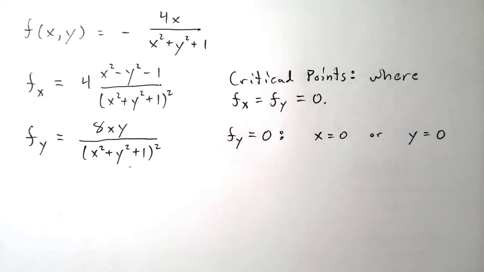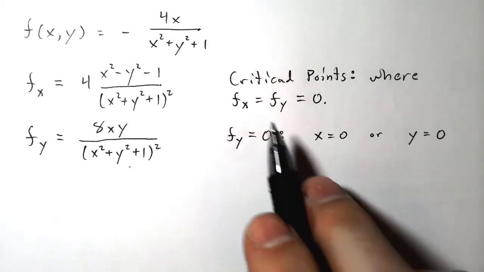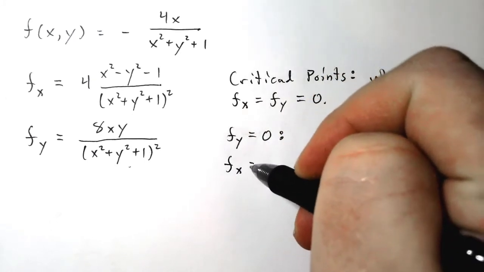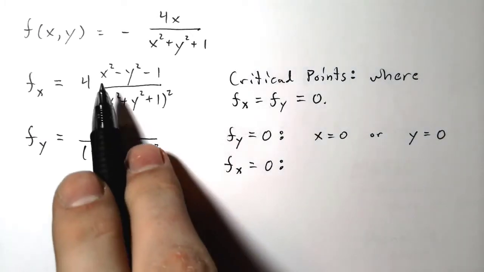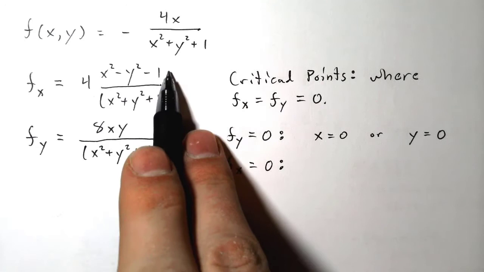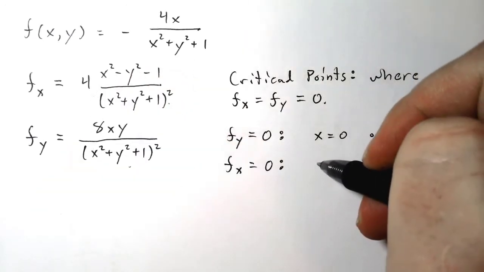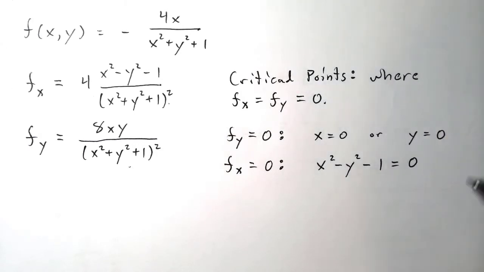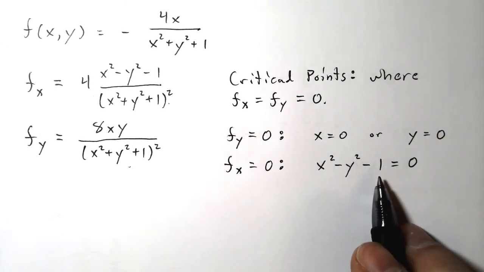We need one of those to be true. Now let's look at where fx is equal to 0. That will only happen if the numerator is equal to 0 again. The denominator can't make a fraction 0, so we only need this part to be equal to 0. So we're just looking to see where this is true. Let's consider these together.